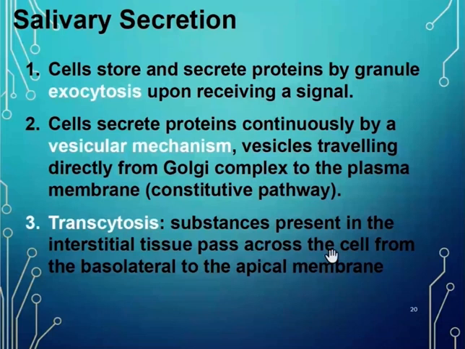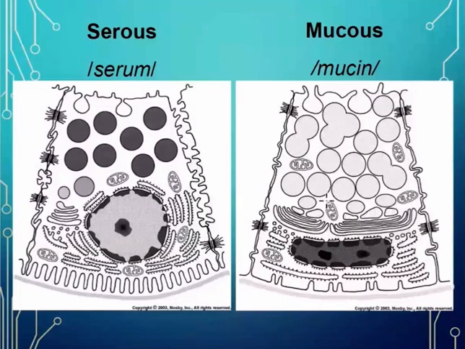If it is the opposite, from the cell to the interstitial fluid, it is called the constitutive pathway. I will show you a demo in the summary in your book about the interstitial tissue and the constitutive pathways.